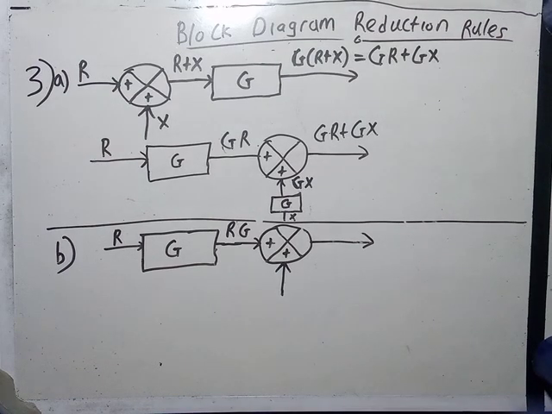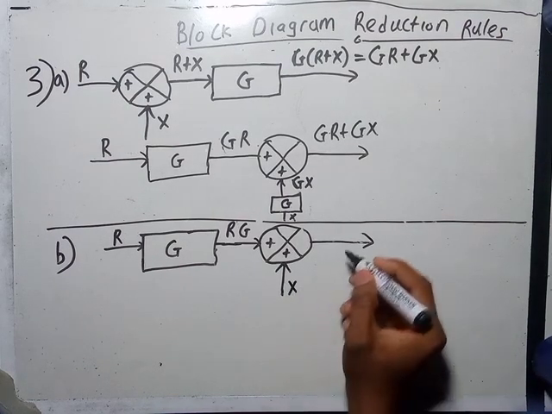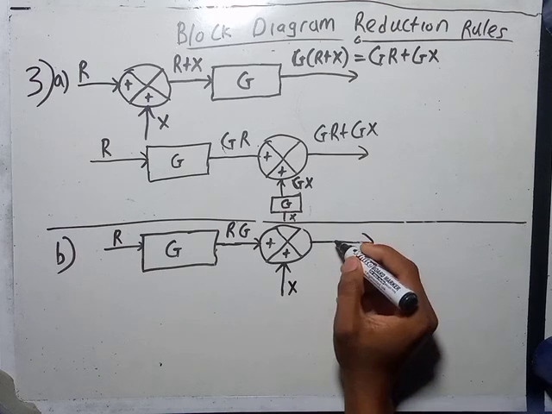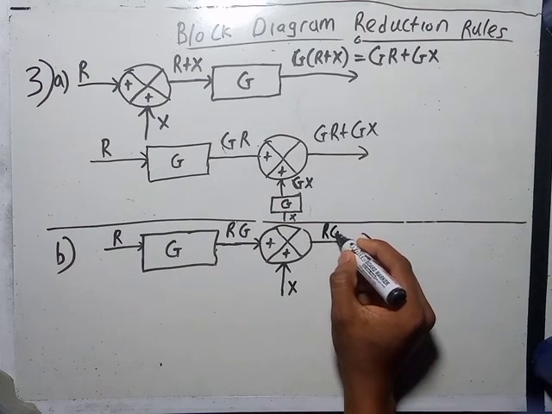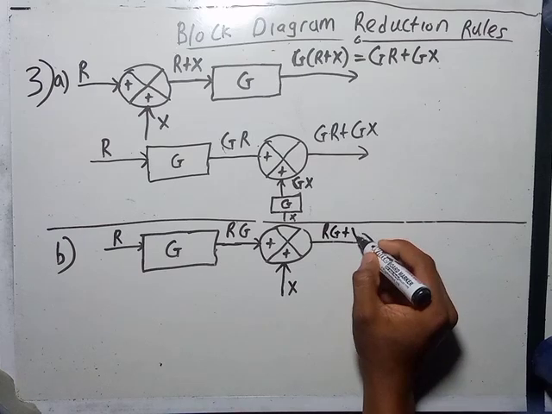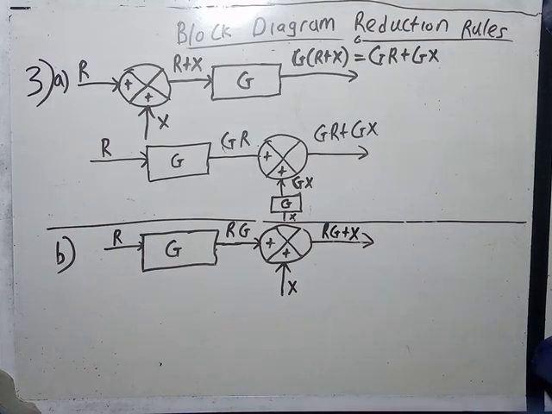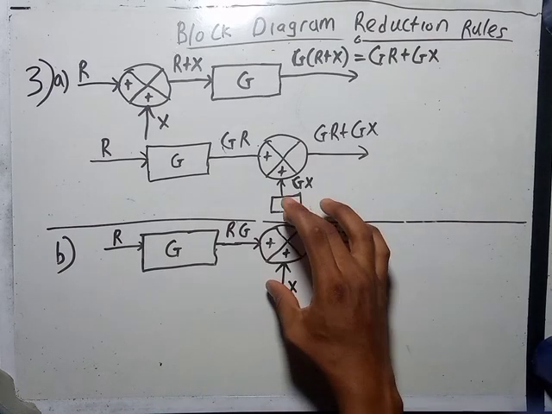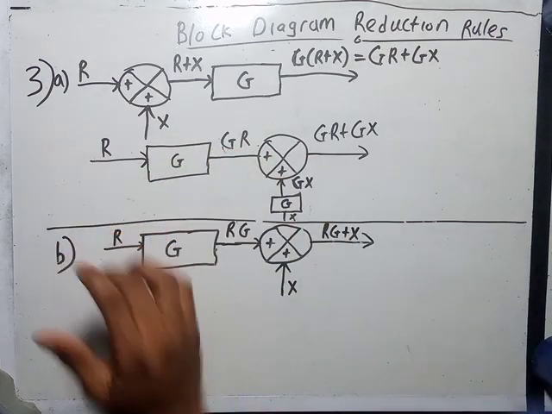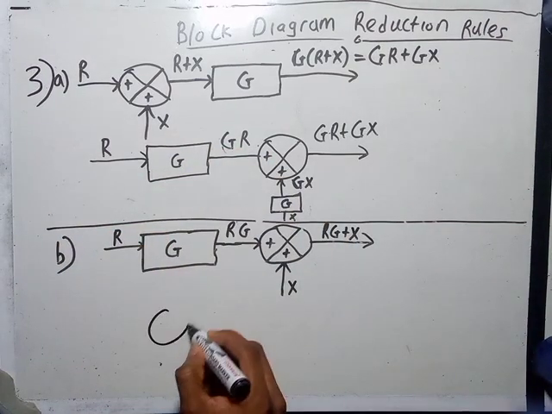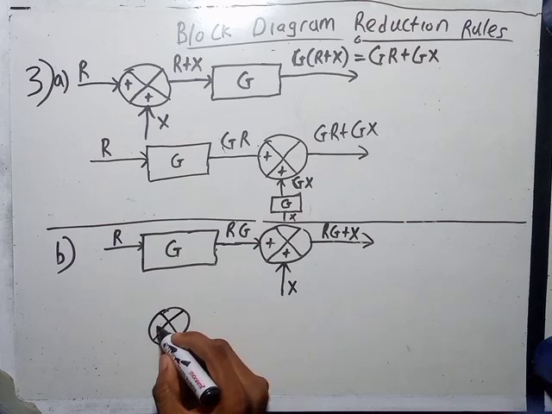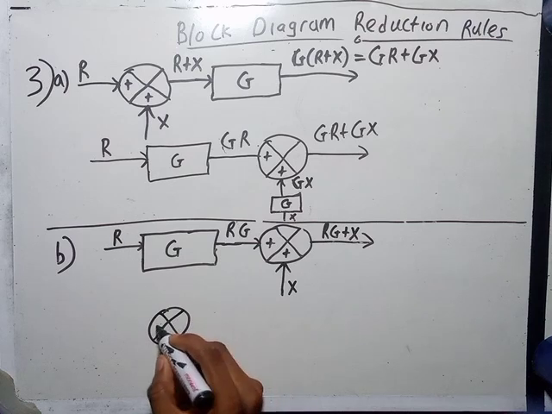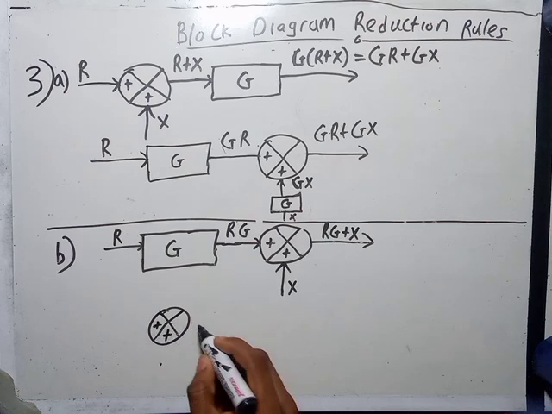So let's call here our X, and here will then be RG plus X. Now let's say we want to move this summing point ahead. So we have our summing point ahead, plus and plus.